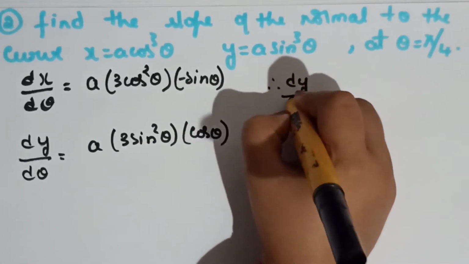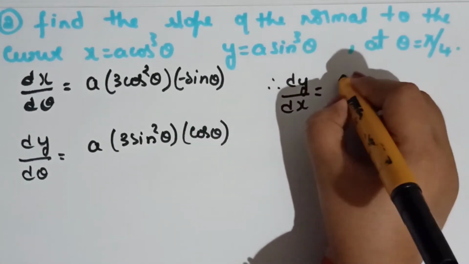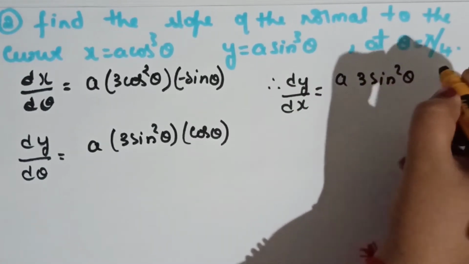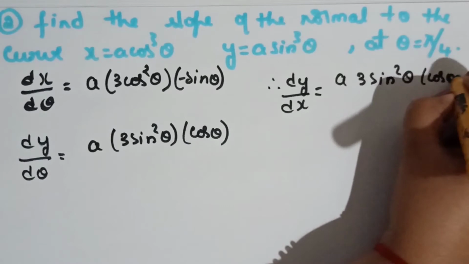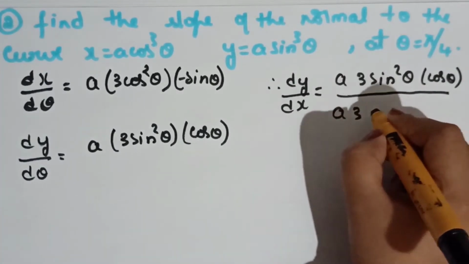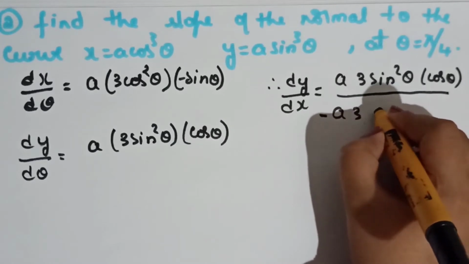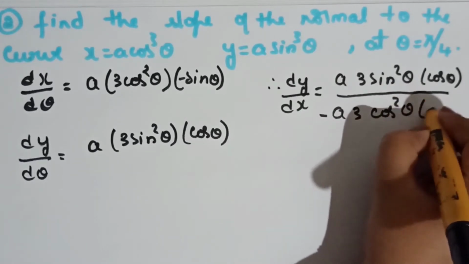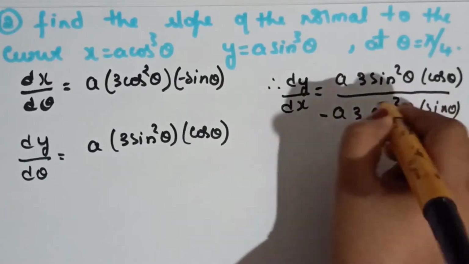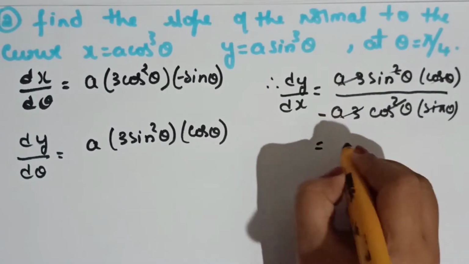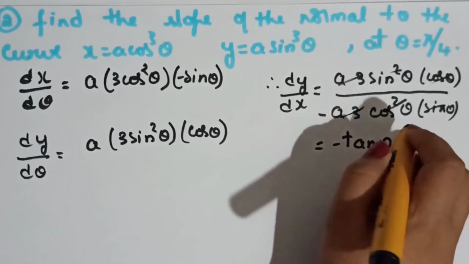Therefore dy by dx is equal to a into 3 sin square theta into cos theta divided by minus a into 3 cos square theta into sin theta. Cancel the terms. So it will be equal to minus tan theta.